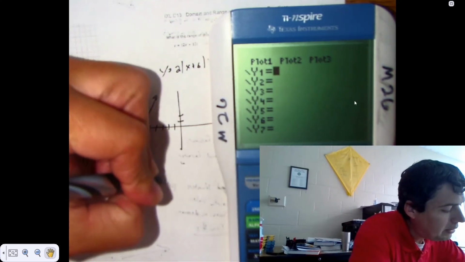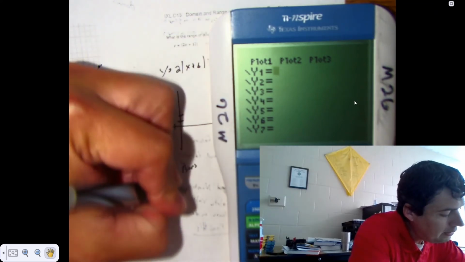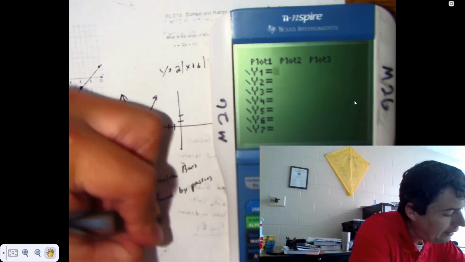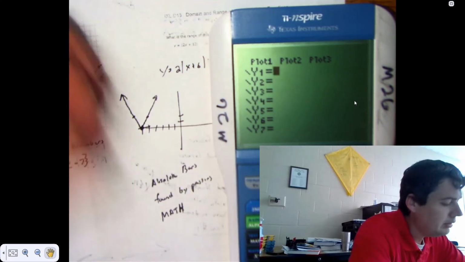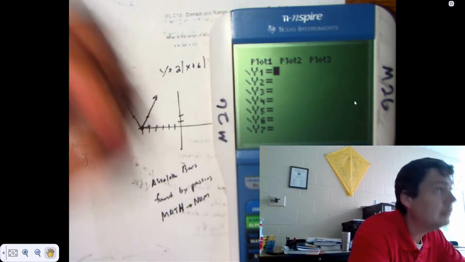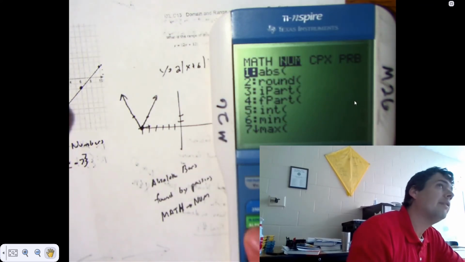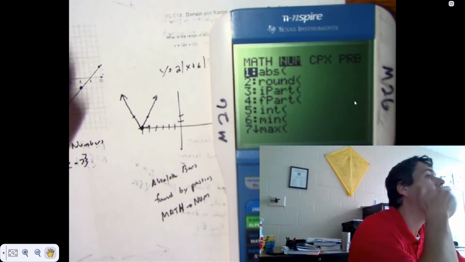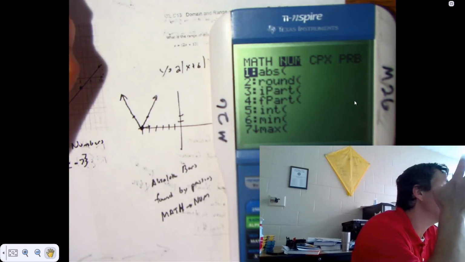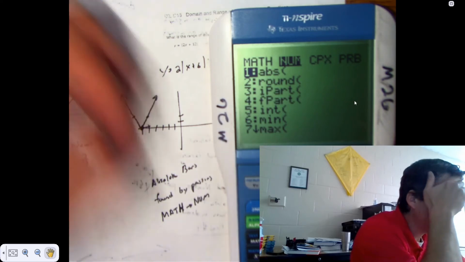So the absolute value bars, I'm going to make a little note here, are found by pressing Math, scrolling to NUM for number. So I hit Math, then I hit the right arrow. That gets me to NUM. And ABS does not stand for anti-lock brakes because it's a calculator. What do you think ABS stands for? Absolute value.